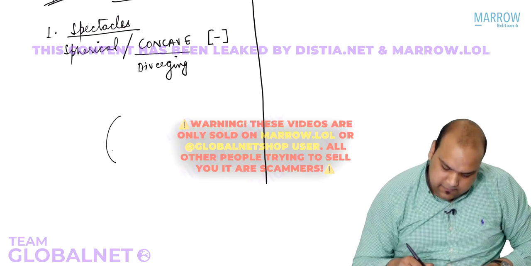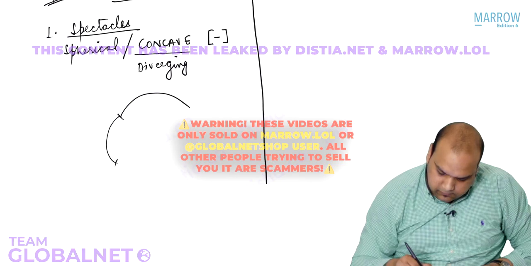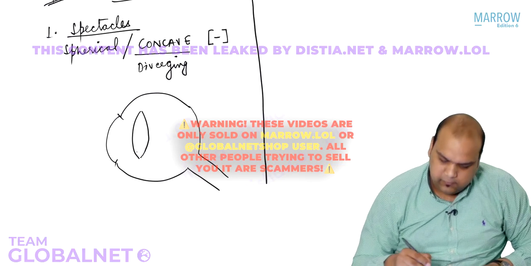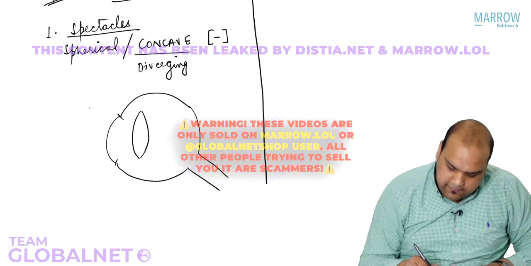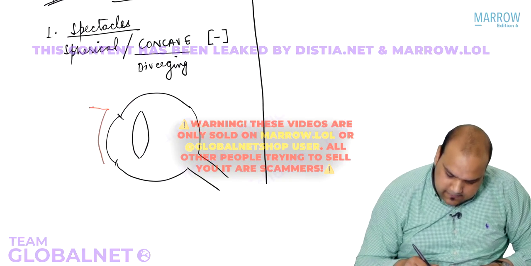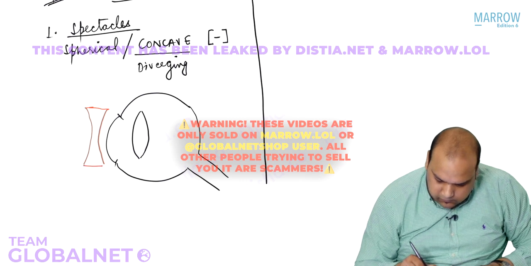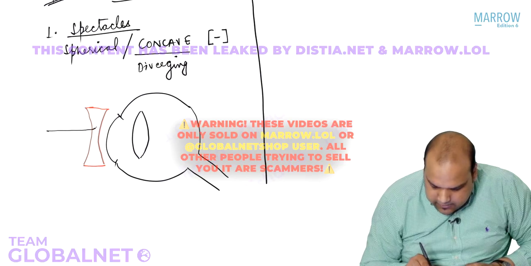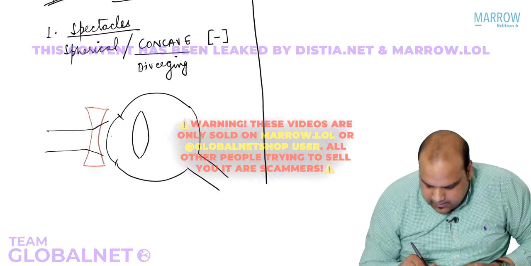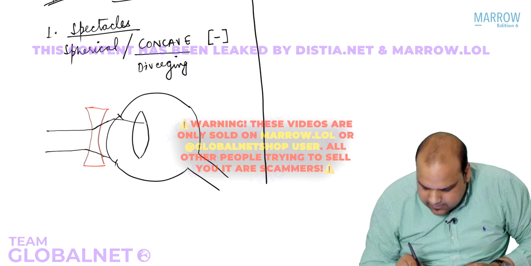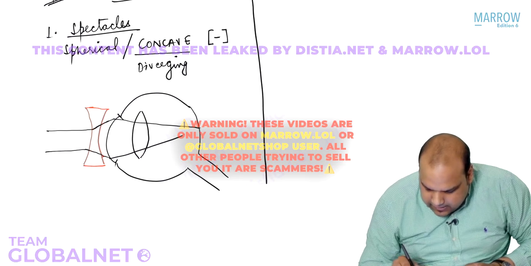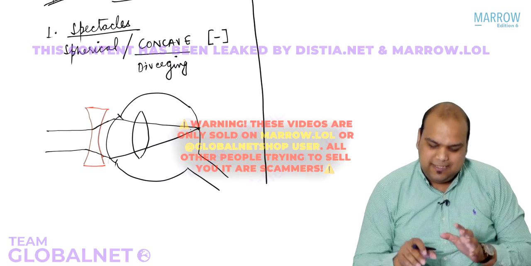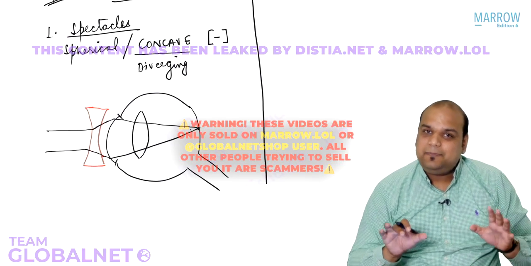If I draw such an image, in front of this, I have placed a concave lens. Concave lens, everybody, will first lead to slight divergence, and then the light rays will converge, so that ultimately the image gets formed on the retina. Okay, everybody? So this is a treatment for myopia in spectacles.